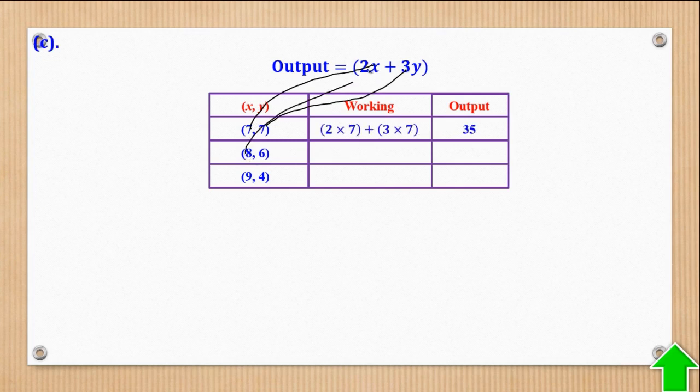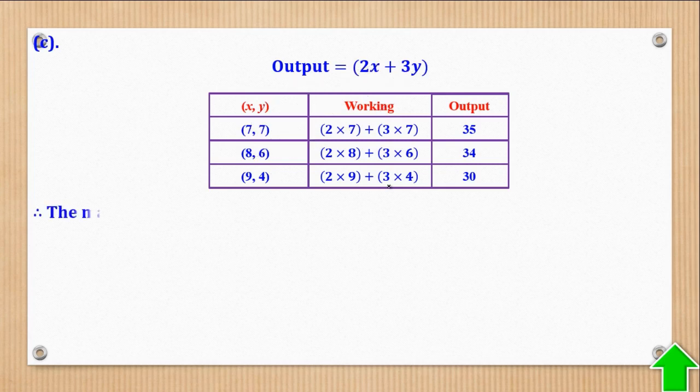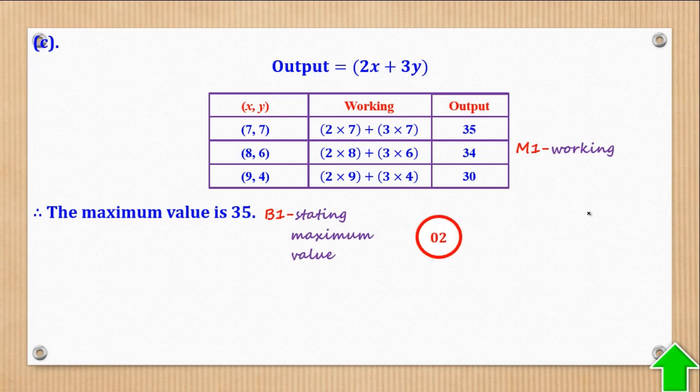Then 2 times 8 and 3 times 6 to give you 34. 2 times 9 and 3 times 4 to give you 30. So from there you can realize that the maximum is 35. And that's how the marks will be awarded.